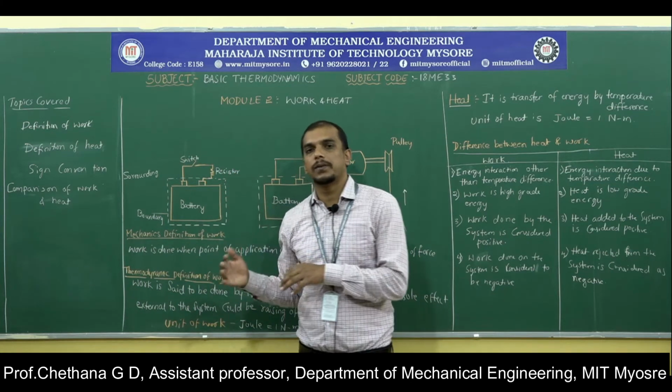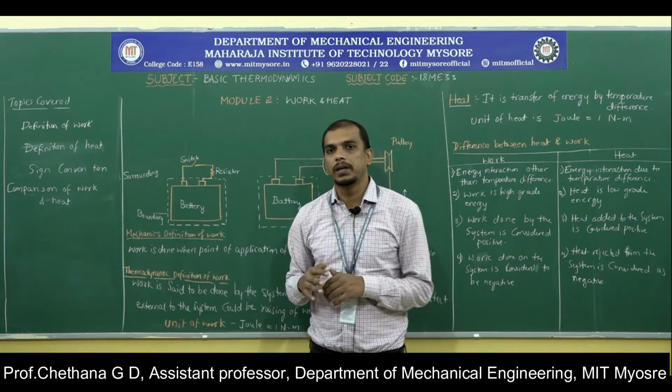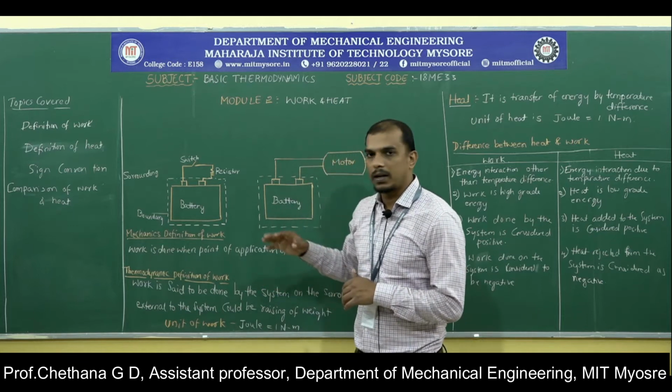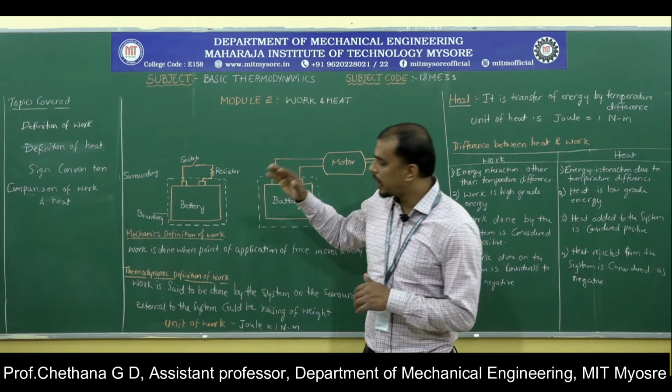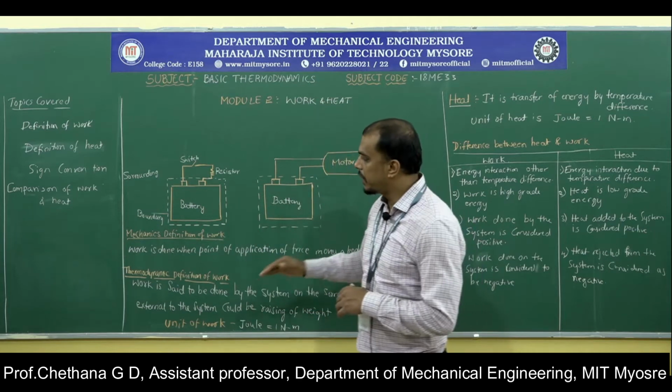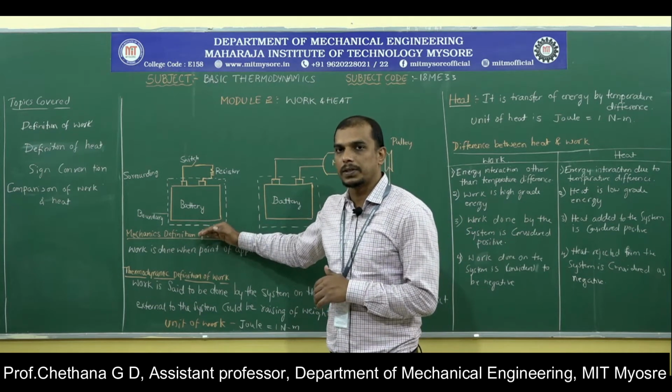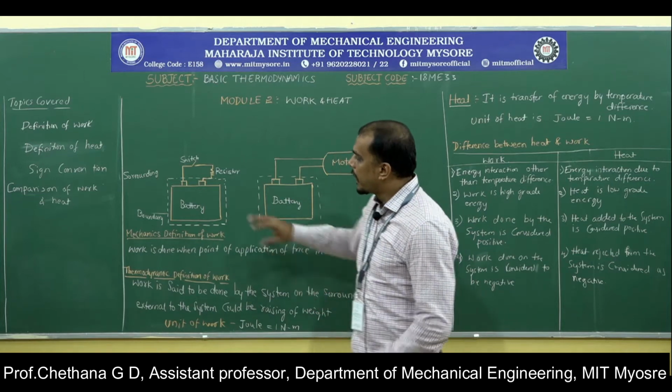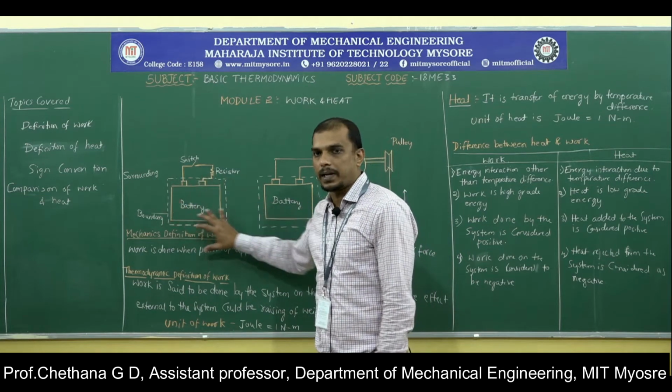But the thermodynamics definition of work is a bit different. Let us describe it with a simple example, and we will see how it is different from the mechanics definition of work. Now, let us consider a system of a battery.